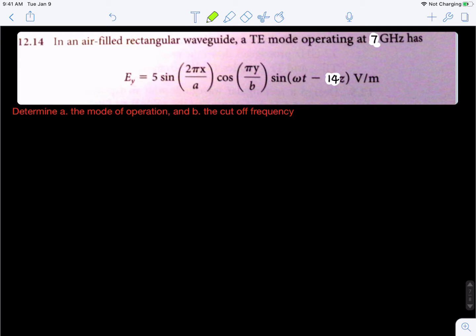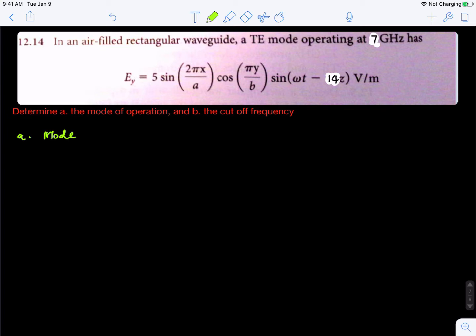So, the first part of the problem, finding the mode, is as straightforward as it can get. Remember the standard formula for all of these fields.